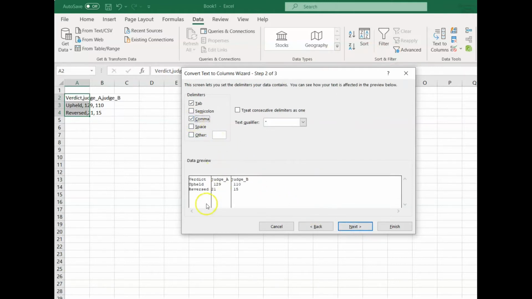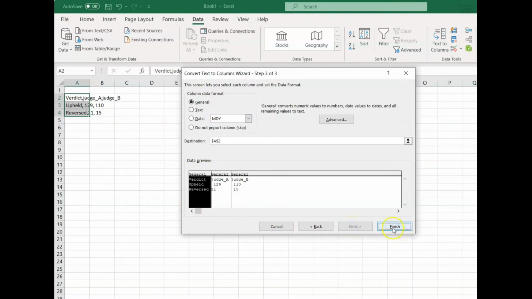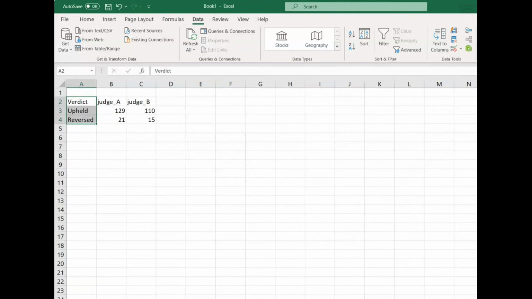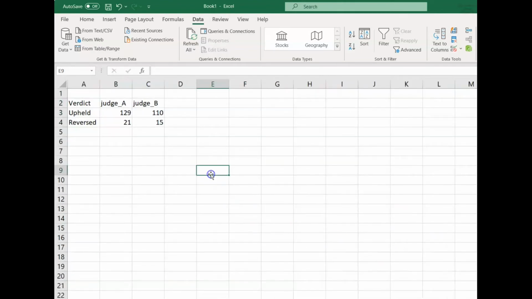Because it's comma separated, we use comma, and it's nicely separated into 3 columns. Then we click finish. Let's make it bigger.